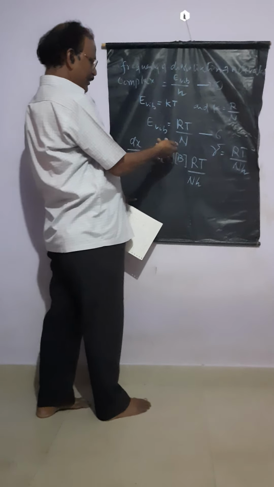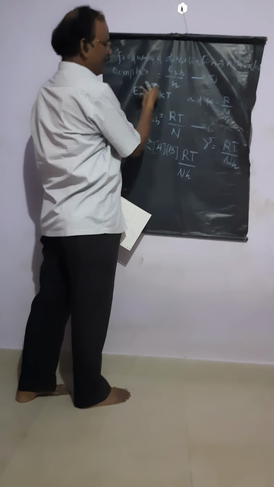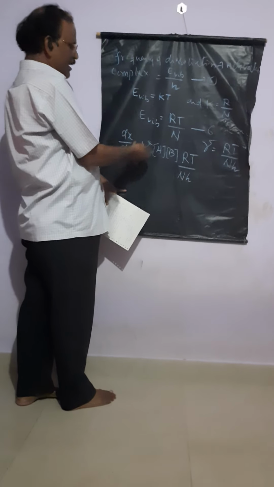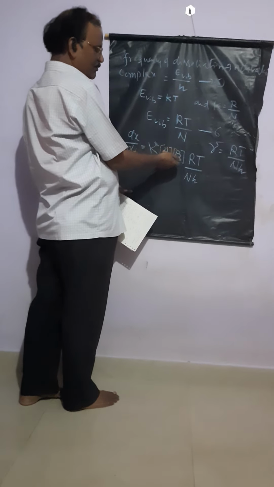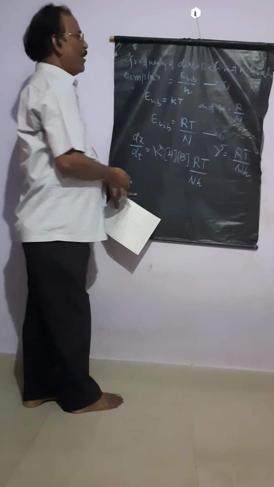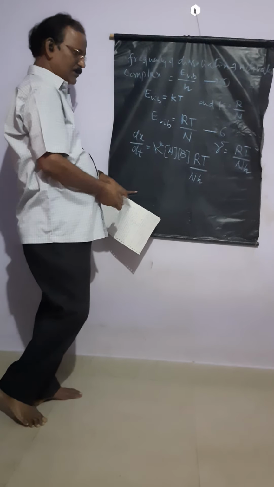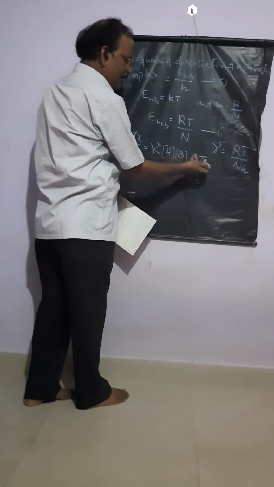So E vibration is given by RT divided by N, and frequency is given by RT by Nh. So the rate of reaction is given by the equilibrium constant into concentration of A, concentration of B into the vibration frequency of the activated complex. That is, the number of vibrations of the activated complex is given by RT divided by Nh.